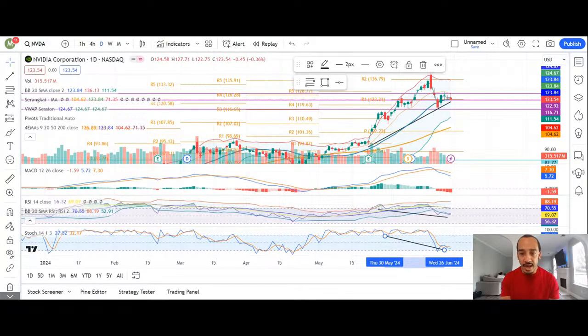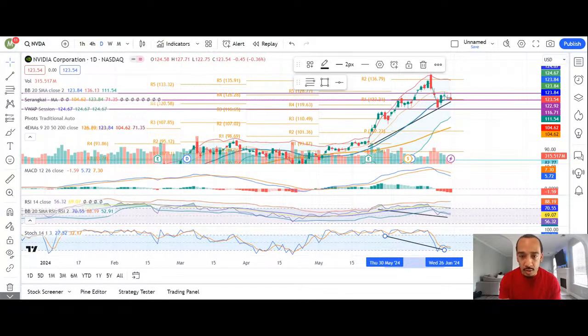Because it don't look like a perfect one, you know what I'm saying? You want to get away from trying to make stuff what you want it to be versus what it is. Make sure that it's exactly what it seems and not what you're hoping for it to be. So you see Nvidia has a divergence, but it had already made a bounce from the divergence.